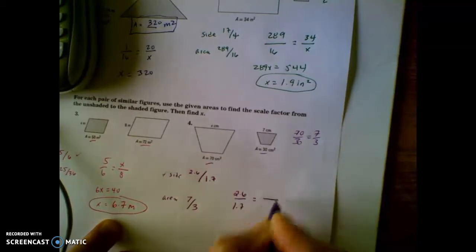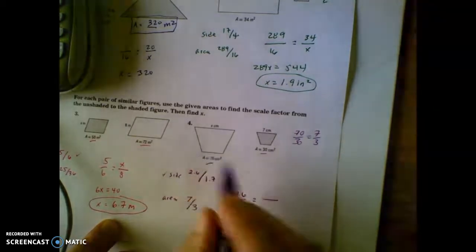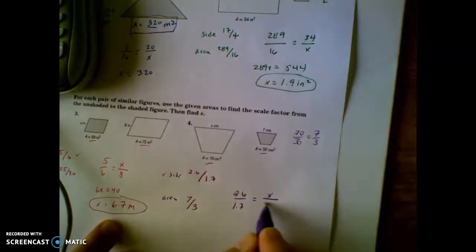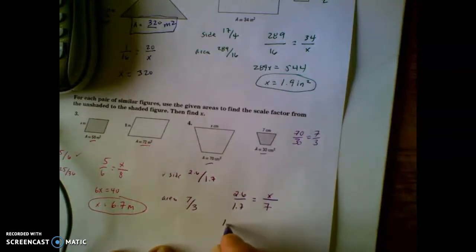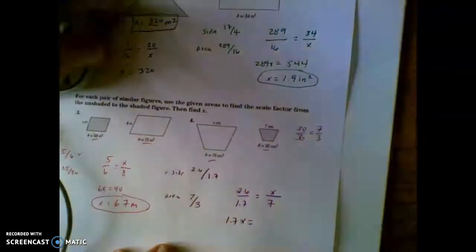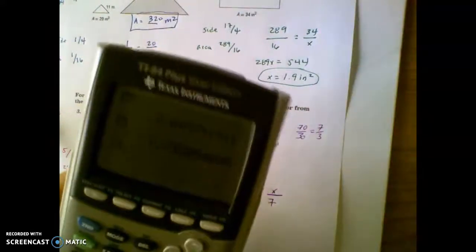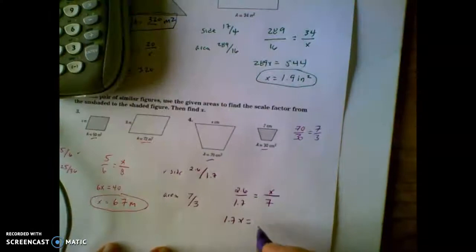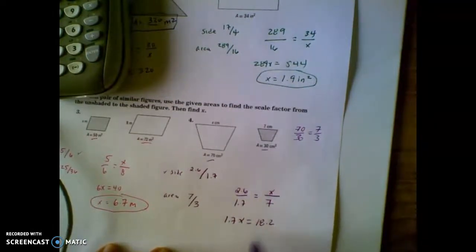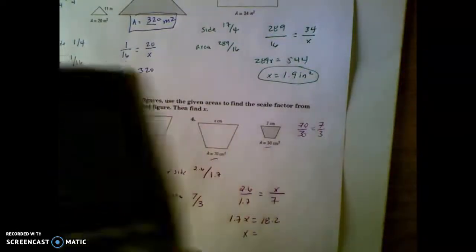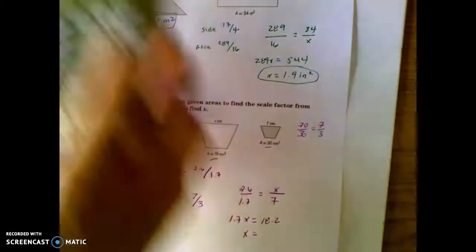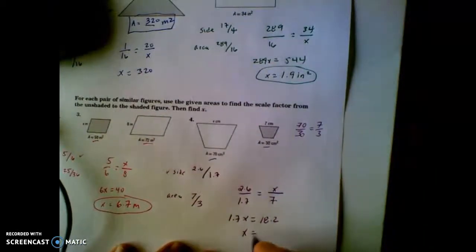And then that's going to equal the bigger one, which I don't know, over the smaller one, 7. So now I'm going to cross multiply this. 1.7x equals 2.6 times 7, which is 18.2. And then I can divide the 1.7 into that, and that's 10.7. Which is that missing side.